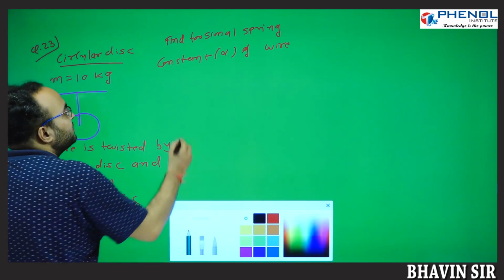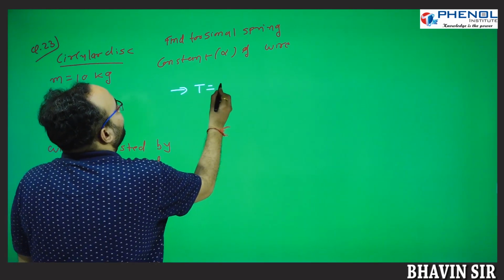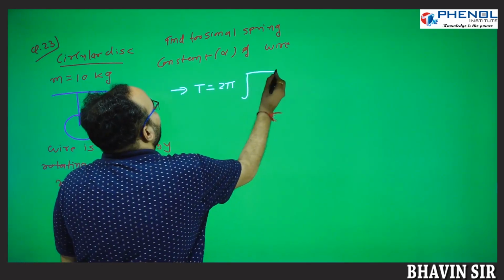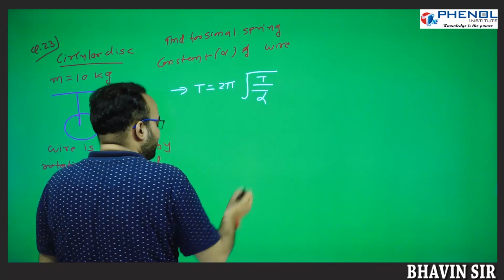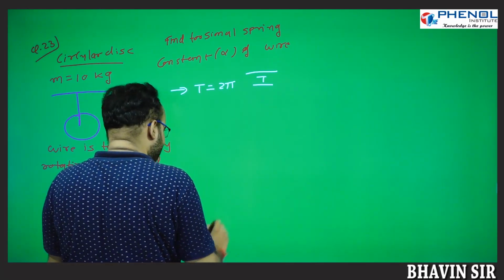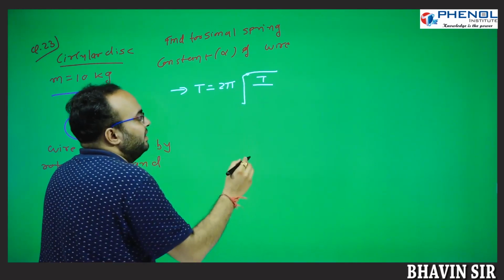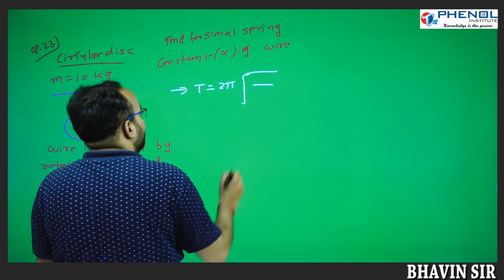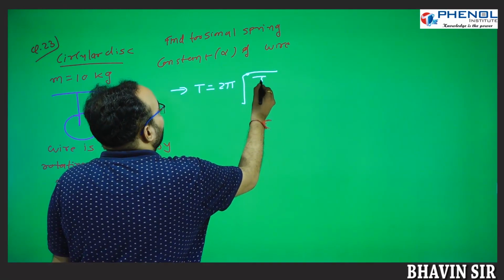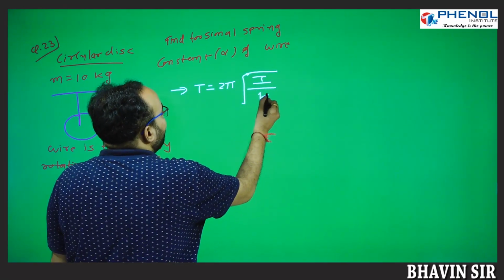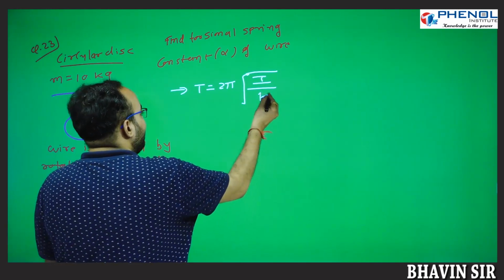So see, what is the formula? T equals 2 pi under root I by alpha, because remember, for linear SHM, T is equal to 2 pi under root m by k. So here instead of m we write I, and instead of k we write alpha.